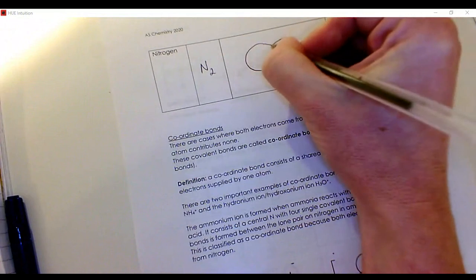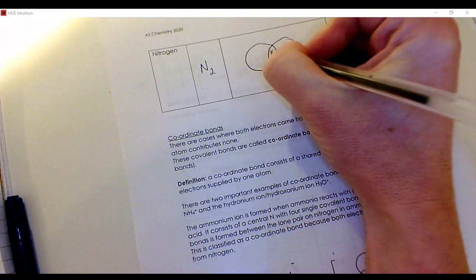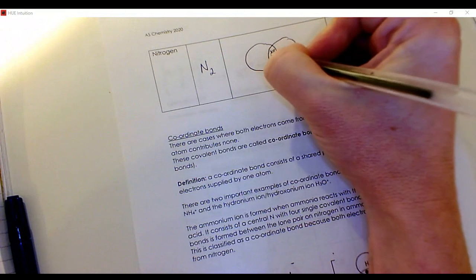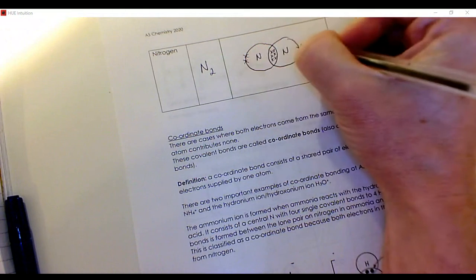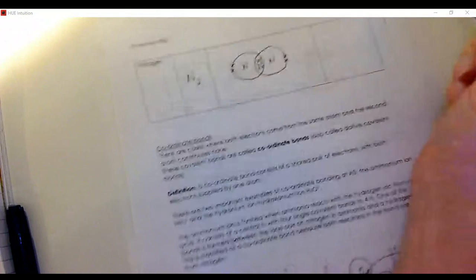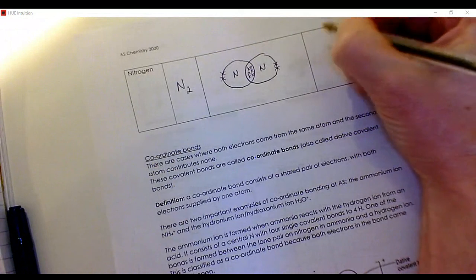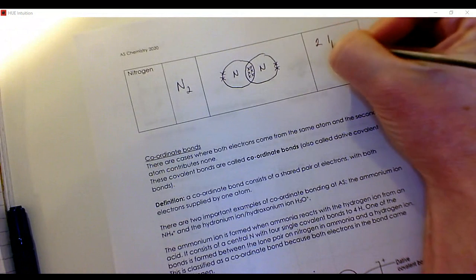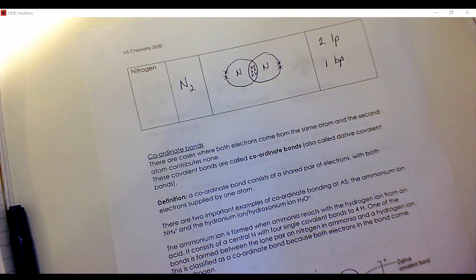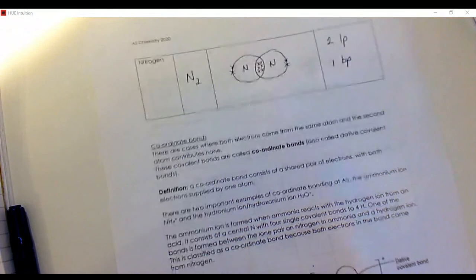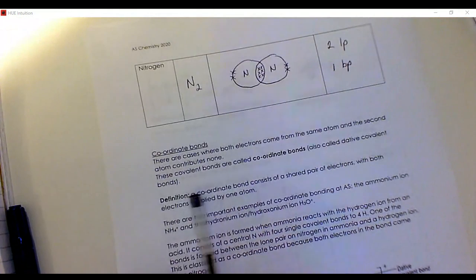It's a triple covalent bond. And each nitrogen then has the other 2 electrons in lone pairs. So it has 2 lone pairs and 1 bonding pair, by the fact there's 1 connection. All right. Okay, now I'm going to stop at that point and end this video, and then I will do the next one.